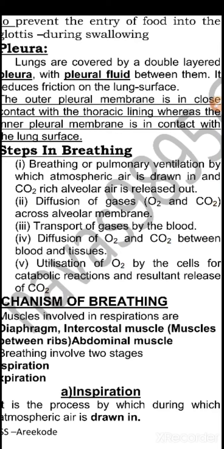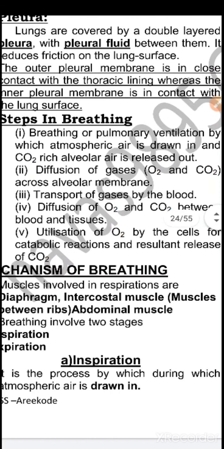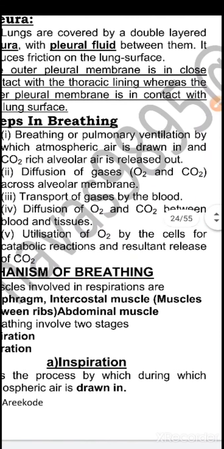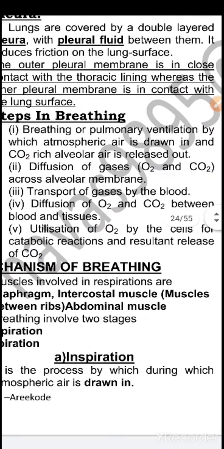So diffusion of oxygen and carbon dioxide between lungs, blood and tissues, and utilization of oxygen by the cells. And the ultimate process taking place here is the utilization of oxygen for the breakdown of nutrients stored in our body to get energy.